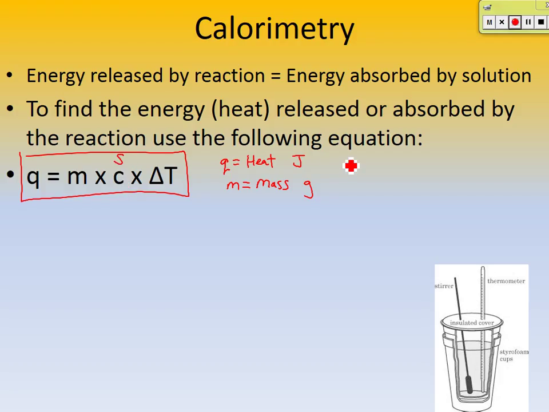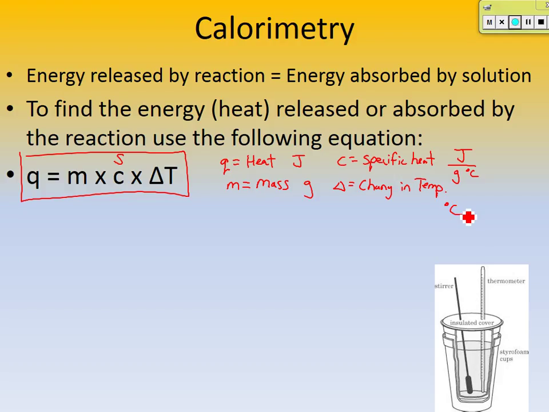it means what? Specific heat capacity. What are the units? Look on your table. What are the units? Joules per gram per degree Celsius. Okay? And then the last one, delta T. What is delta T? Yeah, change in temperature. And in what scale are we recording our temperature? Degrees Celsius.